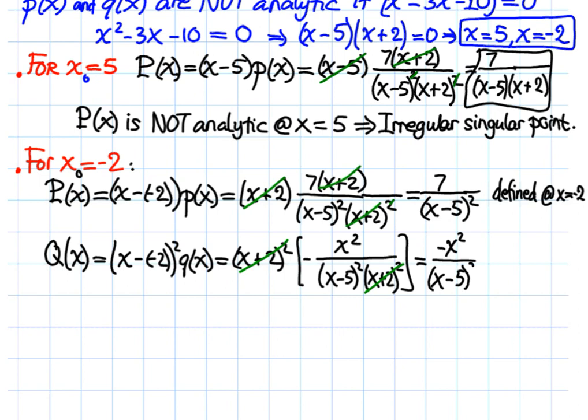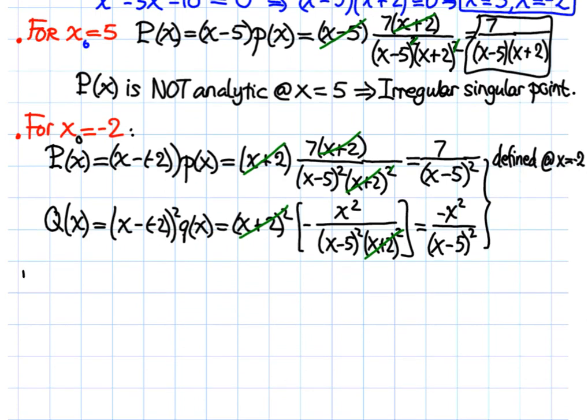Now this function is also defined at x equal to negative 2. So because both P of x and Q of x are analytic at x equal to negative 2, x equal to negative 2 is a regular singular point. Let me write it down.